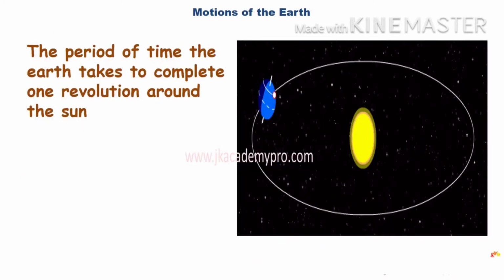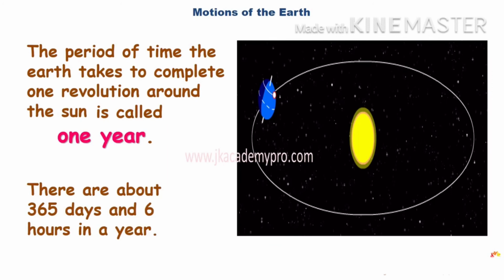The period of time the earth takes to complete one revolution around the sun is called a year.